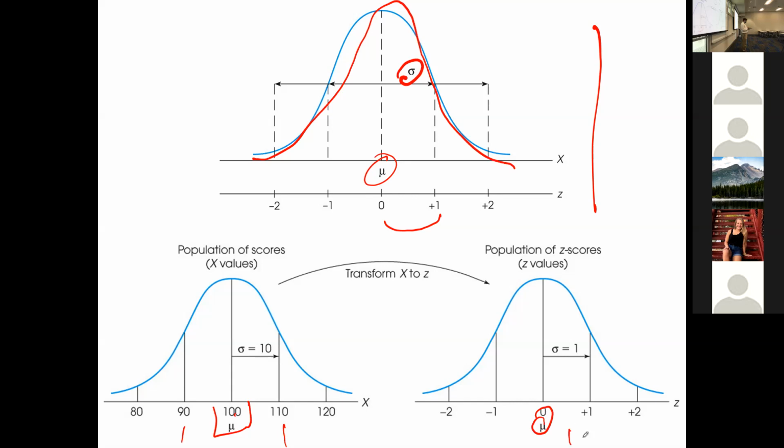Positive 1 standard deviation, so what was 110 for the score is now a z-score of 1. 120 is a z-score of 2. 80 is a z-score of negative 2. Everybody with me so far? Cool.